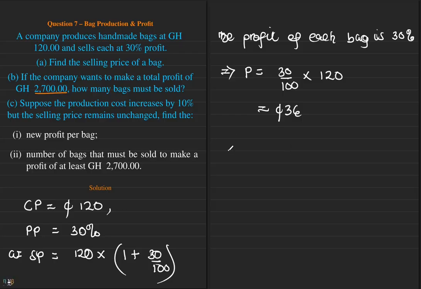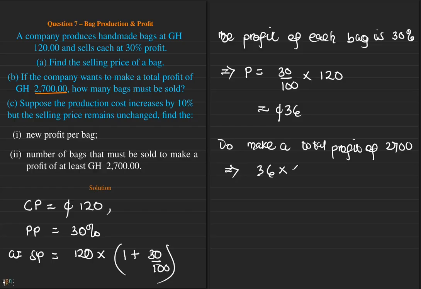So to obtain a total profit of 2,700, it simply implies that our equation is going to be 36 times the number of bags that need to be sold. That is going to give us 2,700.